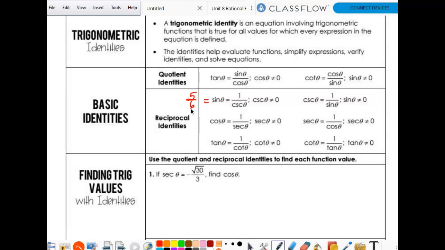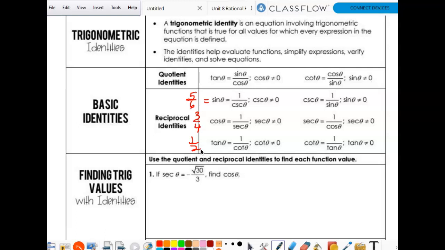I just flip it, right? They're reciprocals. If I told you the cosine is 3 over 4, and I asked for the secant, it is 4 over 3. Okay? If I tell you the tangent is 1/2, the cotangent is 2. All right? That's what reciprocal means. We flip it. All right?